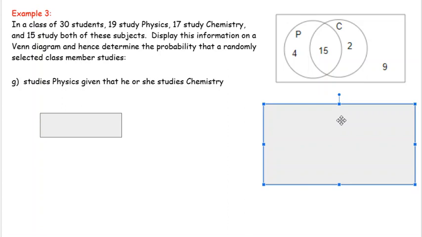But you can also look at the picture and just do it straight from the picture. You don't need to use the formula if you can figure it out without. If you get an answer, compare with the neighbor.